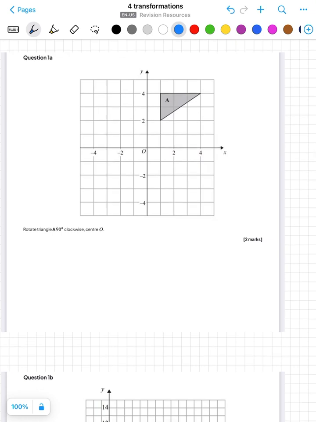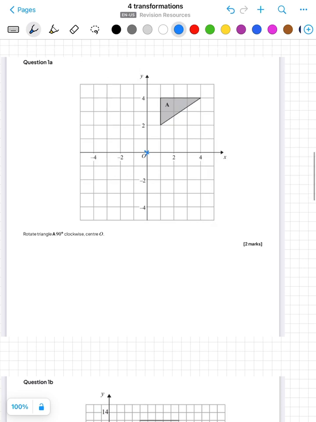So we want to rotate shape A 90 degrees clockwise, centre O. So the best way to do this is to grab some tracing paper and draw over your shape and put your pen at centre O and rotate your shape 90 degrees clockwise.